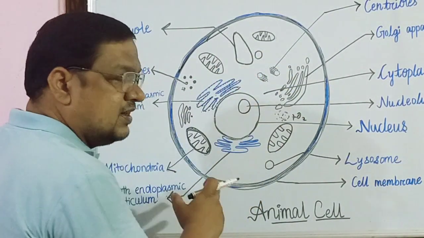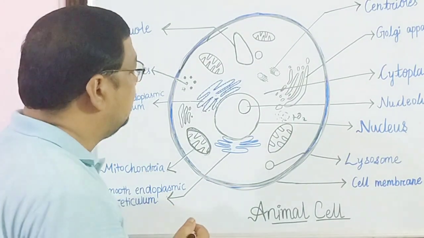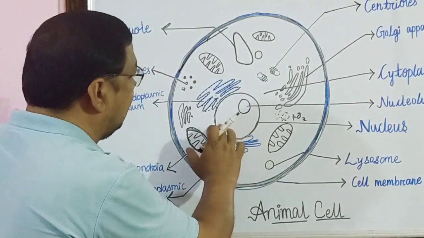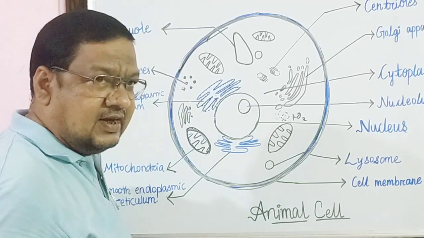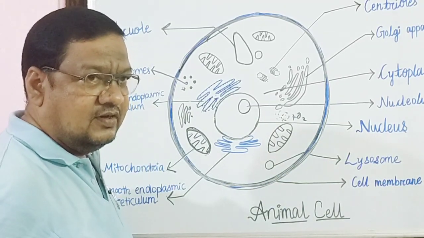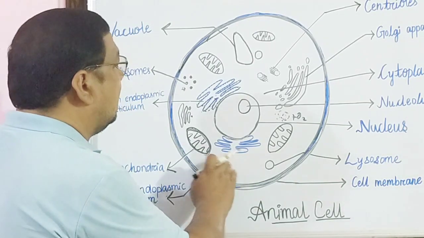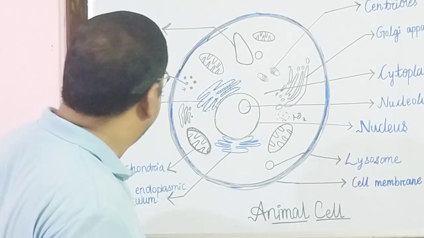Then what is protoplasm? Protoplasm is cytosol plus the cell organelles along with nucleus. Cytosol and cell organelles form cytoplasm.